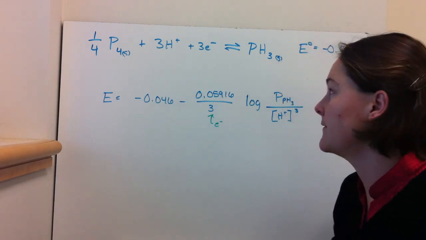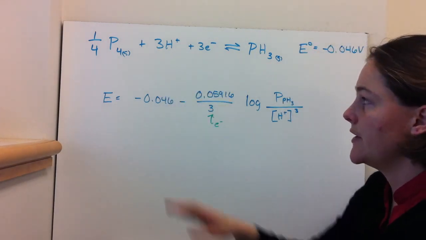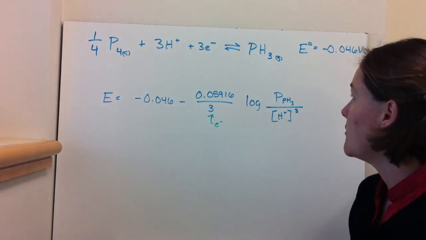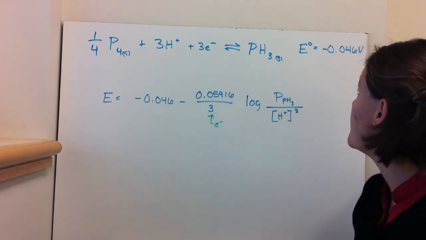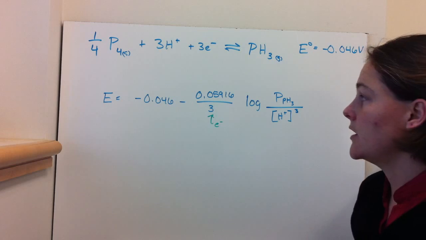So here's an example of this for just one half reaction, where you have solid phosphorus going to PH3 gas. And there's an E0 for this that you can look up.